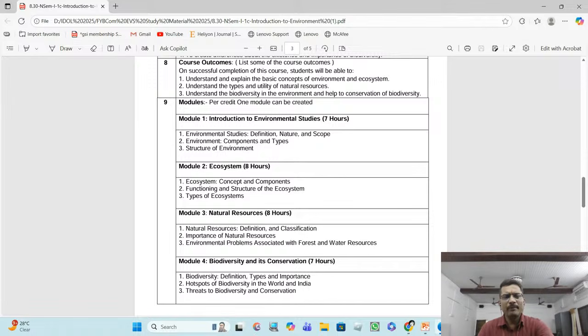Then we'll talk about biodiversity hotspots. There are various biodiversity hotspots identified globally. There are 12 known biodiversity hotspots across the globe, of which four are in India.